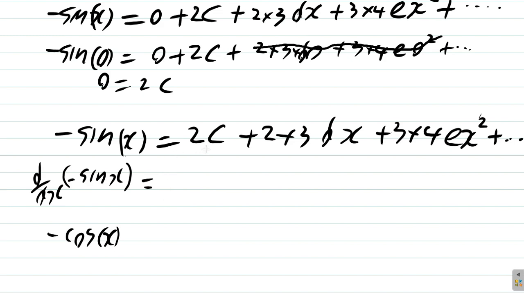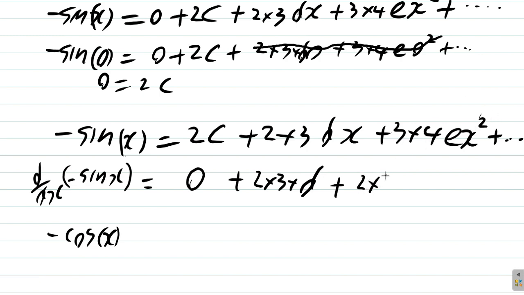But let's deal with this part out here first. When you differentiate this, 2c is a constant, so when you differentiate 2c, you get 0. Plus, when you differentiate 2 by 3 dx, you get 2 times 3 times d. Plus, you differentiate 3 by 4 e x squared.